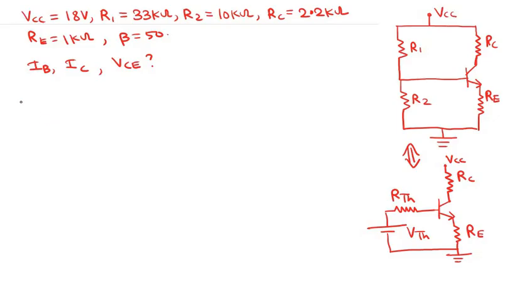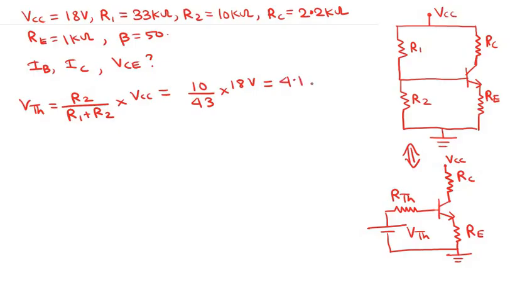So our VTH is R2 divided by R1 plus R2 into VCC. So this becomes 10 divided by 43 into 18 volts, and this is equal to 4.186 volts.